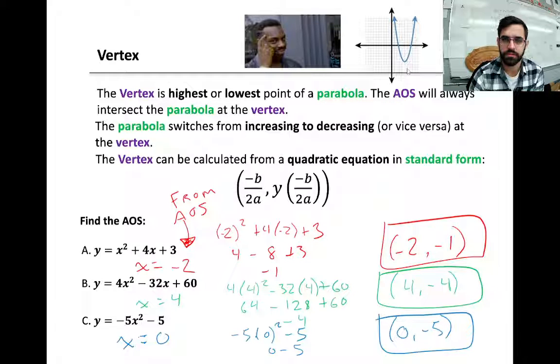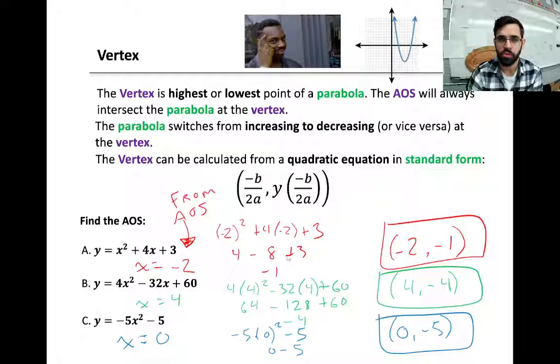Alright, so the vertex, again, if we know the axis of symmetry, the vertex is where the axis of symmetry intersects the parabola. So the x value of the vertex is going to be the same number as the axis of symmetry, x equals negative b over 2a. We take that number, we plug it in for x, and we evaluate for y.